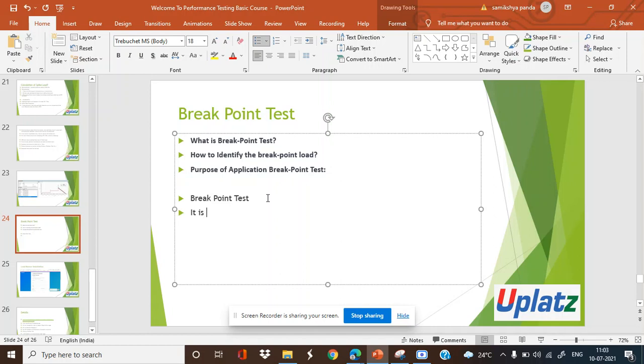It is also a non-functional test. Similarly to how we perform different non-functional tests like load test, stress test, spike test, and endurance test, this is also a type of test which comes under NFT. We normally perform this breakpoint test if there are no failures in the stress test.